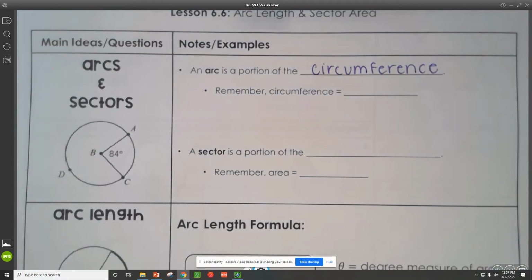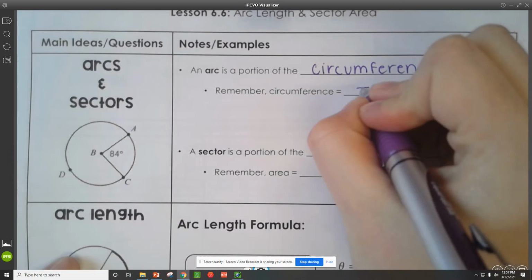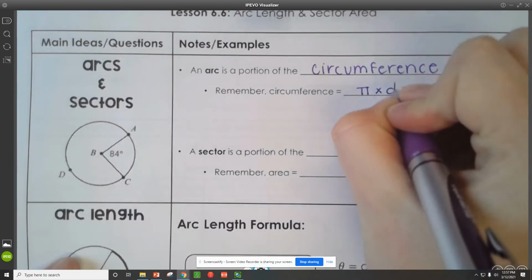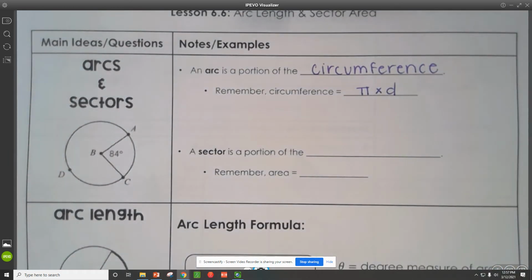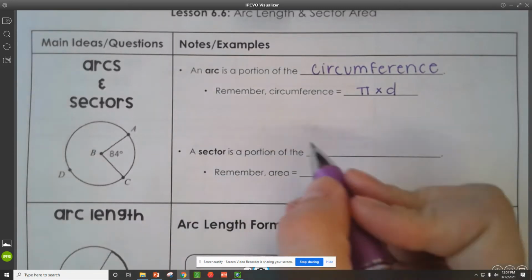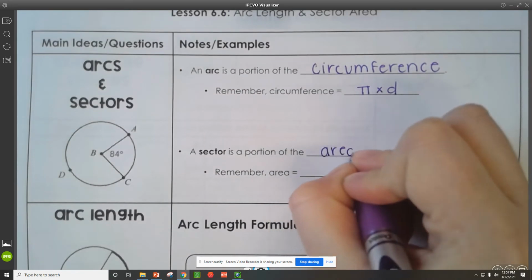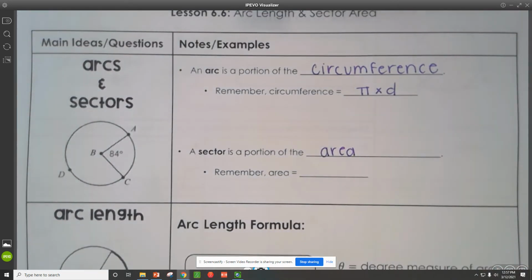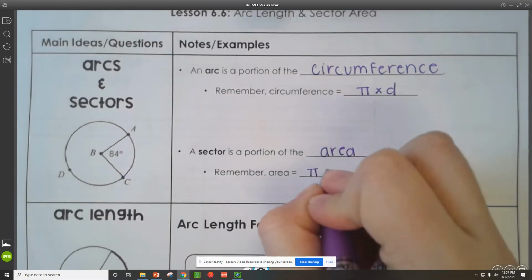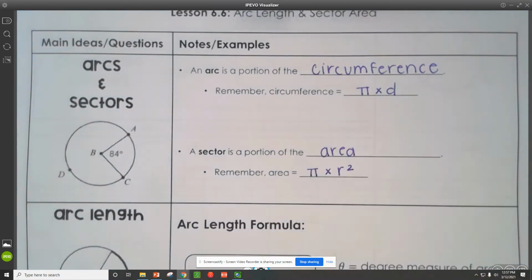And as a reminder, circumference is pi times diameter. Now a sector is a portion or a percentage of the area. And remember, area is pi times r squared.